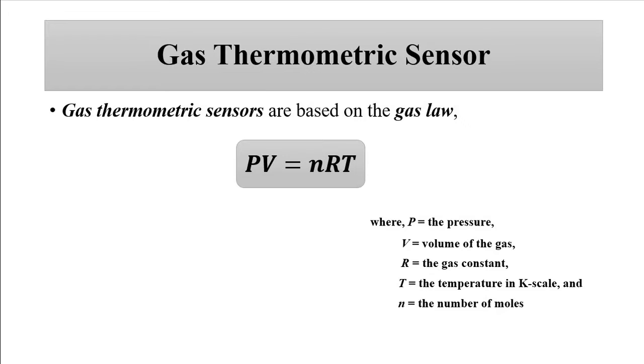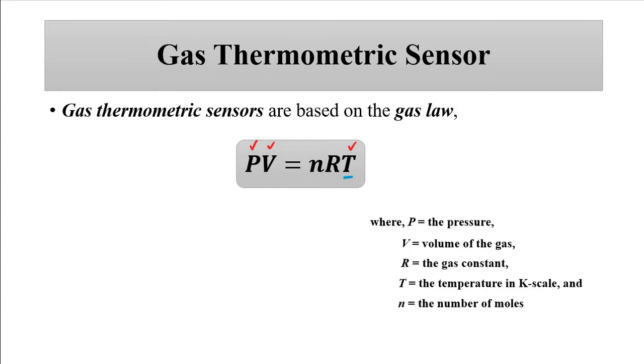So the simple manipulation of any of the three variables, pressure, volume and temperature, can be used to calculate the other. If two of them are known, the other can be calculated. Here our objective is to determine the temperature.